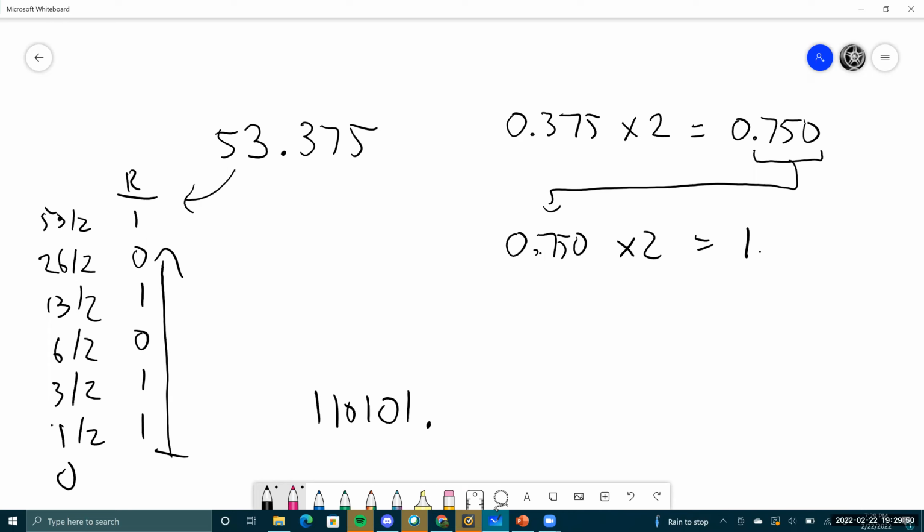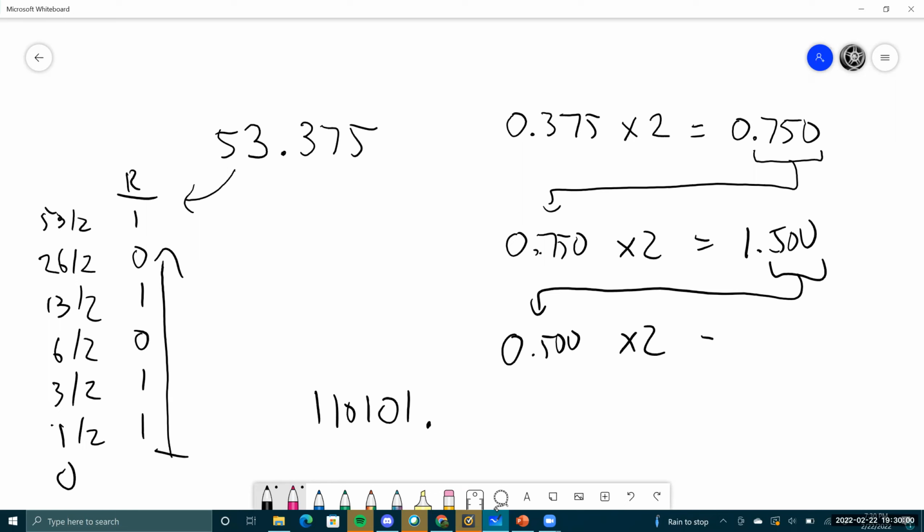And this would be 1.500. And then just the fraction, not the number in front. So 0.500 times 2 will give you 1.000. And at this point, I can stop because it's all zeros.